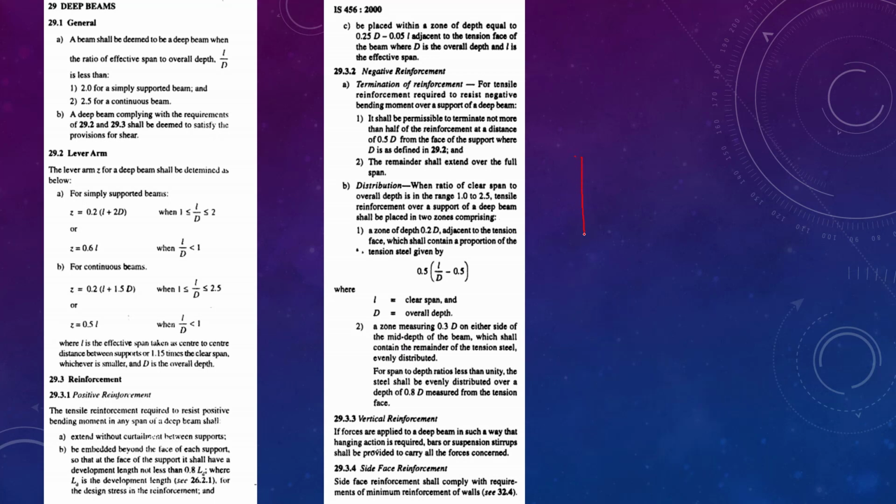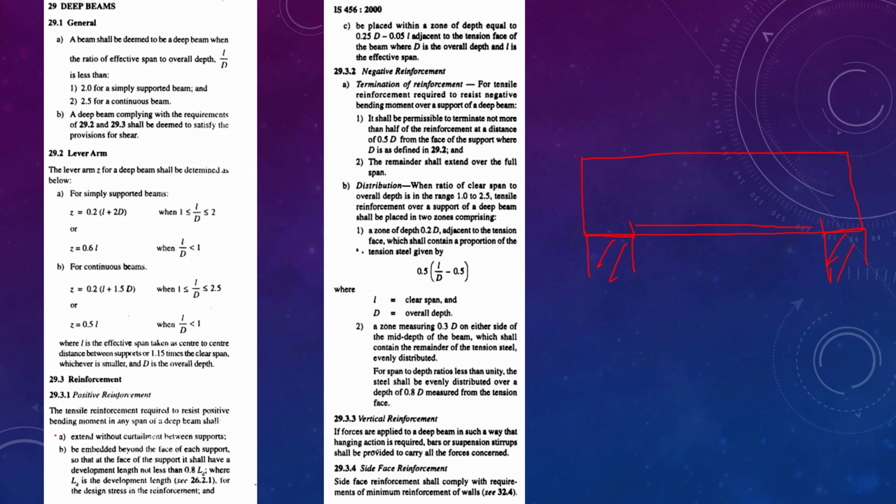Suppose this is the deep beam, and you have supports here. The first point, A, means extend the reinforcement without curtailment between the supports. So between the supports, from here to here, on the clear span, there should be the full length of reinforcement.